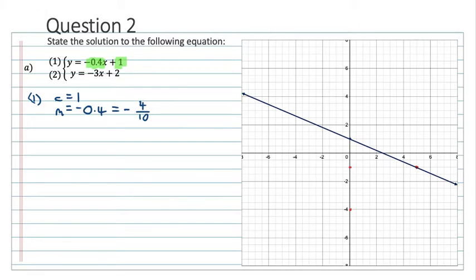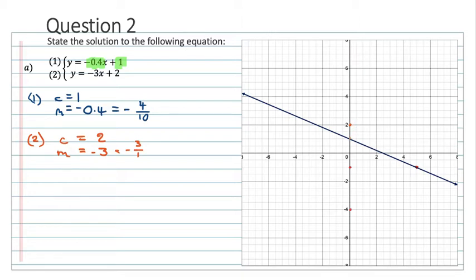Now looking at equation 2, we've got a c value of positive 2, and we've got an m of negative 3, or that can be written as negative 3 over 1. So graphing this one, I'm going to find 2 on the y-axis, which is here, so that's our y-intercept. Then I'm going to go down 3 and across 1.